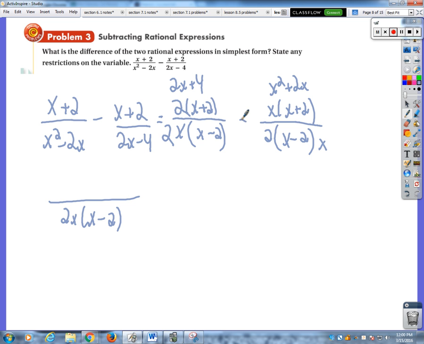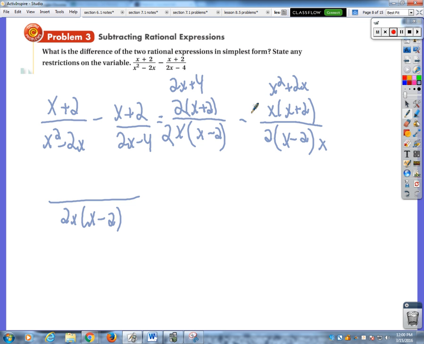This is minus x squared plus 2x. The negative distributes to both of these terms. And that's the mistake that so many students make, is that you have a tendency to subtract the x squared, but then to add the 2x. But you have to subtract both of these terms here.